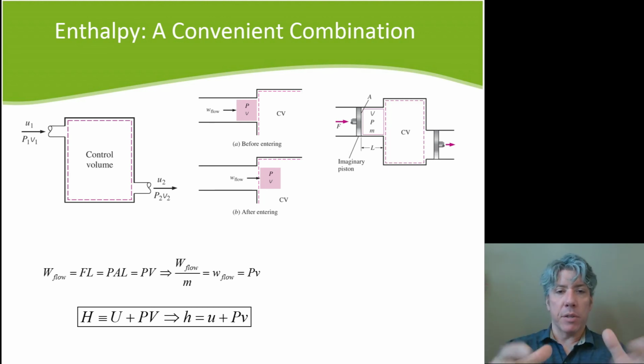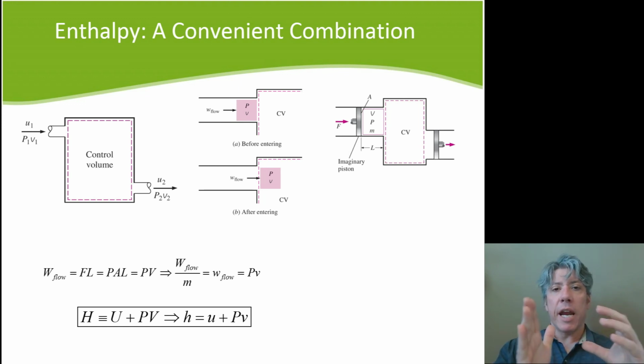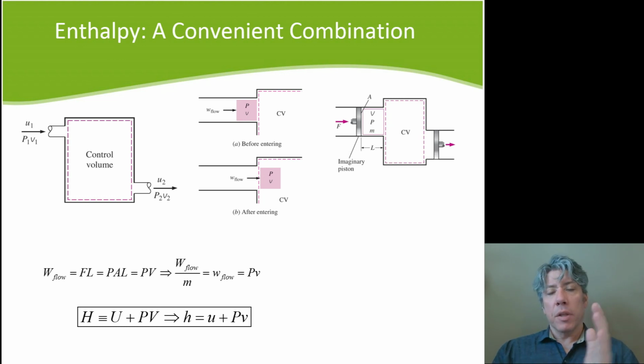There's a pink package there. It has air in it, has some pressure, some specific volume, and it has to be pushed into the control volume. Well, to do that, there's pressure in the control volume, and so we've got to apply force through a distance. You can think of the air behind this package of pink air, whatever that is, as a piston that pushes that package of air in.